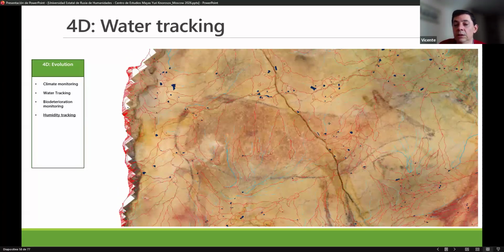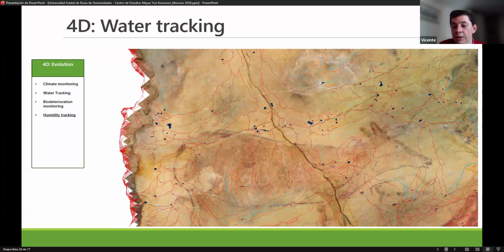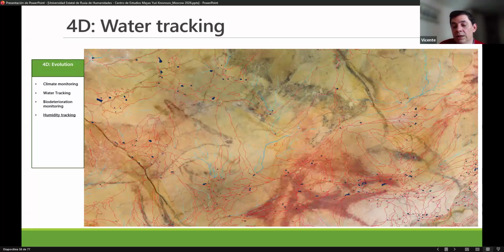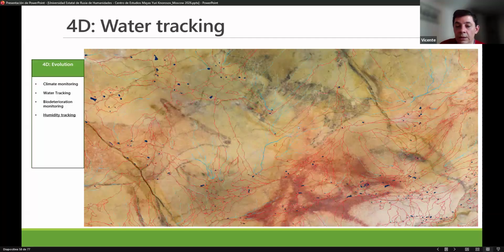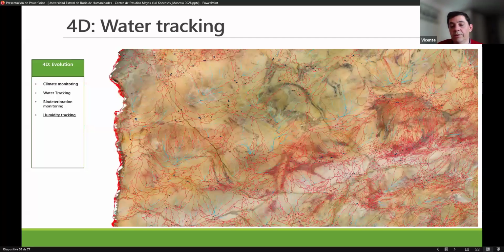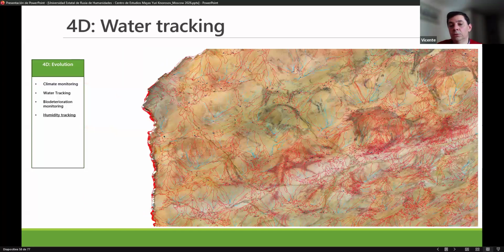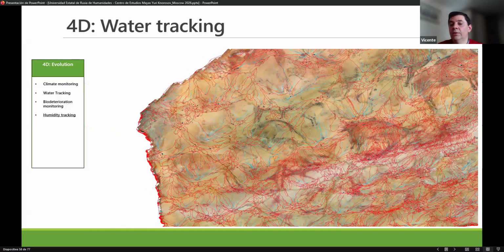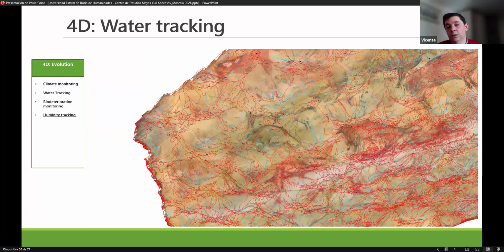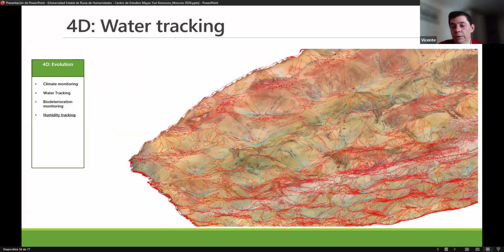Okay, here you see, if you still have pigment, it's because this area has not been activated. So this is a preventive conservation tool, just to see which are the active areas and which are going to be the following ones.